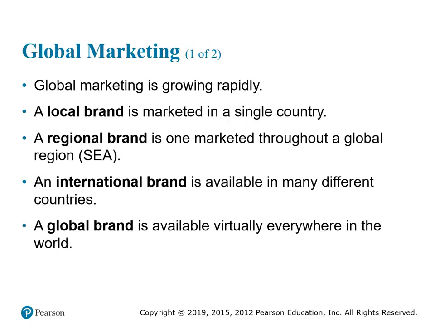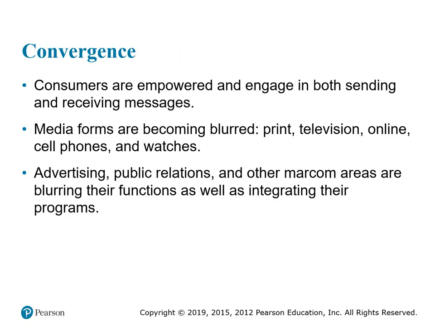And you talk about a local brand, marketed in a single country, regional in a particular region, like Southeast Asia, international brand in many different countries, and global brand everywhere in the world. So consumers have that power, and engage in both sending and receiving messages, and media forms are becoming blurred.